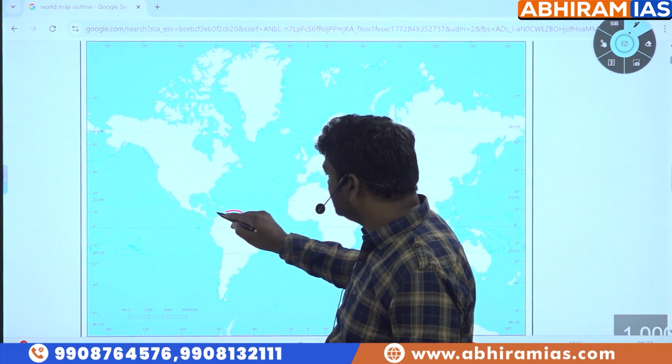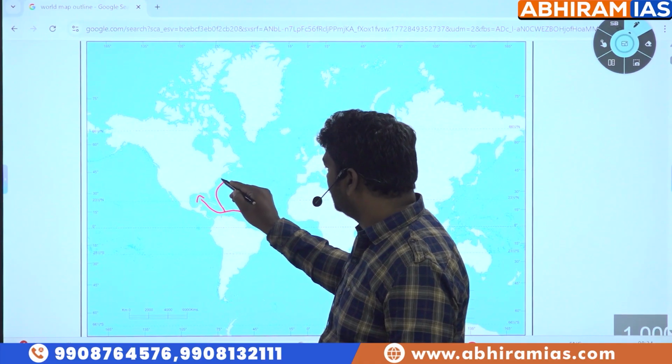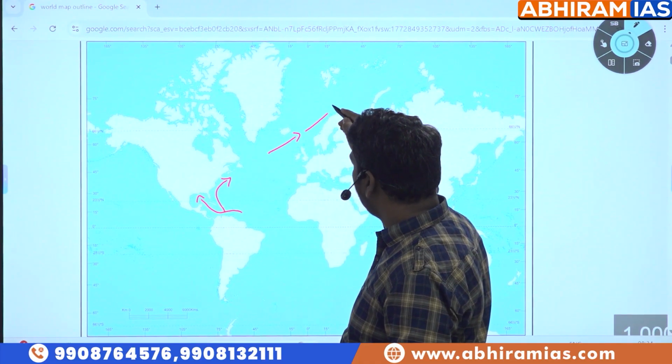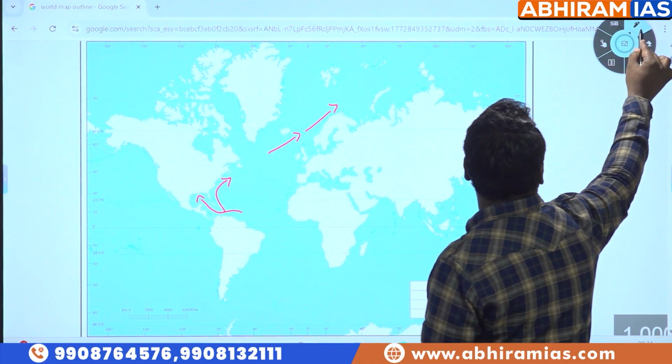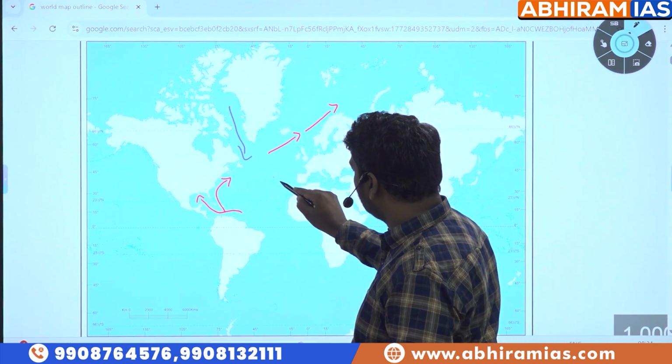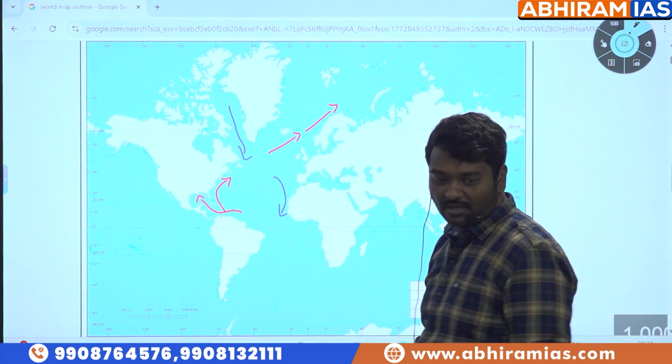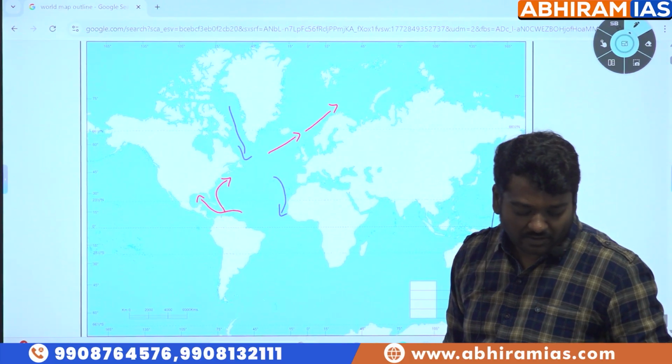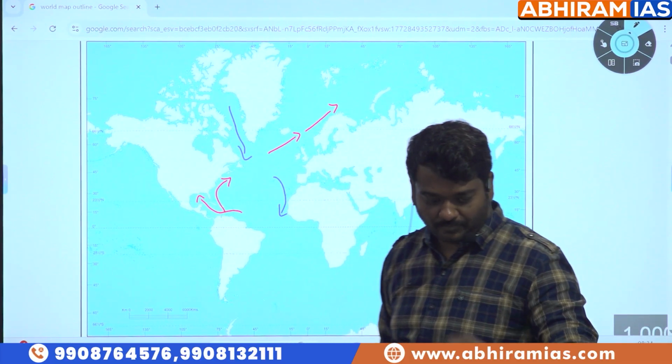Now, let's try this. What is this called? Caribbean. What is this called? North Atlantic. What is this called? Labrador. What is this called? Canary. Okay, just write below temperature.